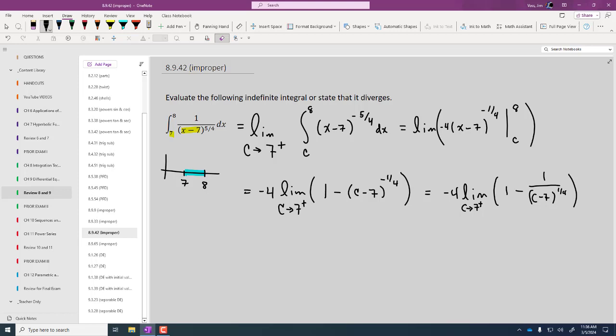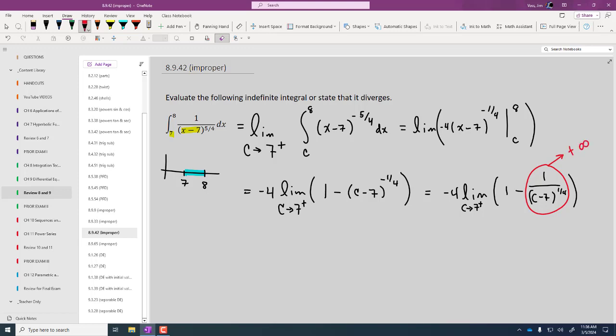7.1, 7.01, 7.001, etc. So this is always positive, okay? But it's going to 0, so this part here is going to positive infinity.